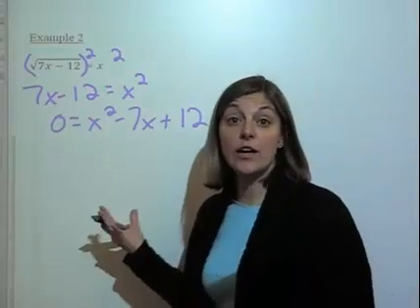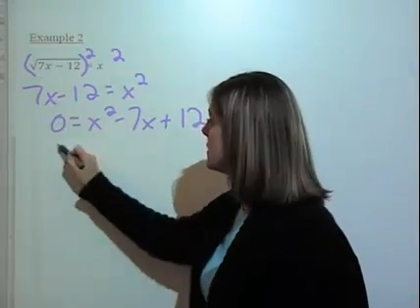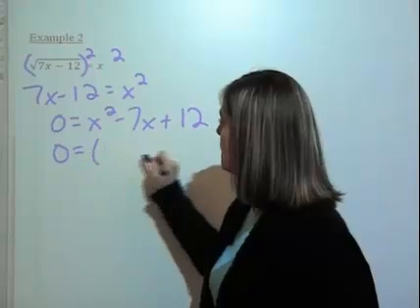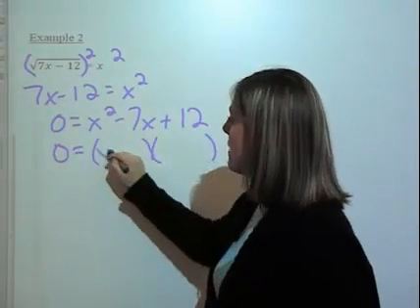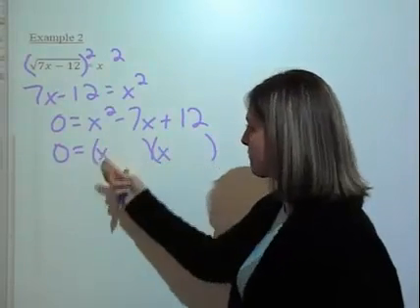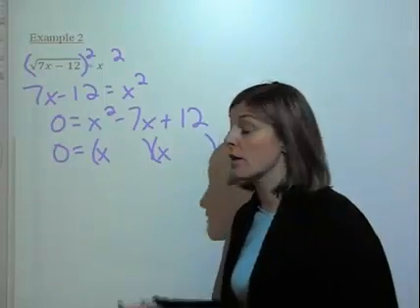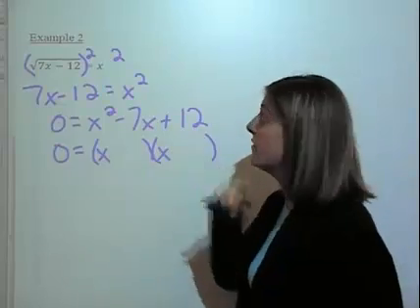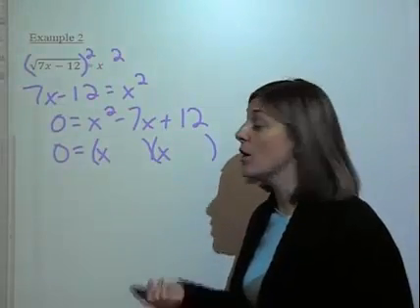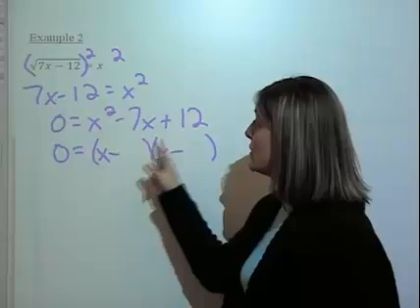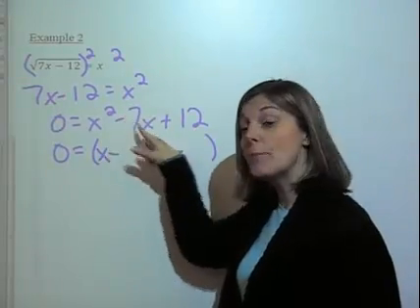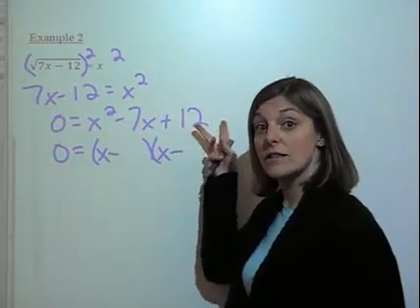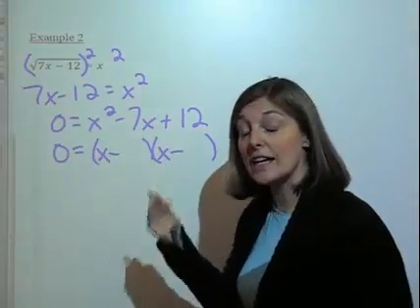All right, and now we can go ahead and factor this in order to solve. So remember, each set of parentheses gets an x to begin with, and then we look at the factors of 12 that will add up to give us a negative 7. Well, we know we need to have both negatives because the only way to get a negative in the middle with a positive constant is to have two negatives.